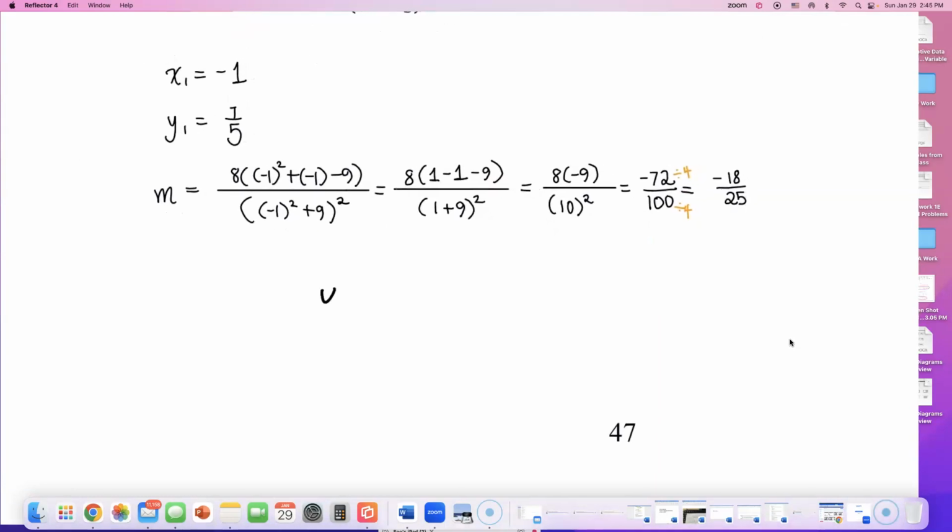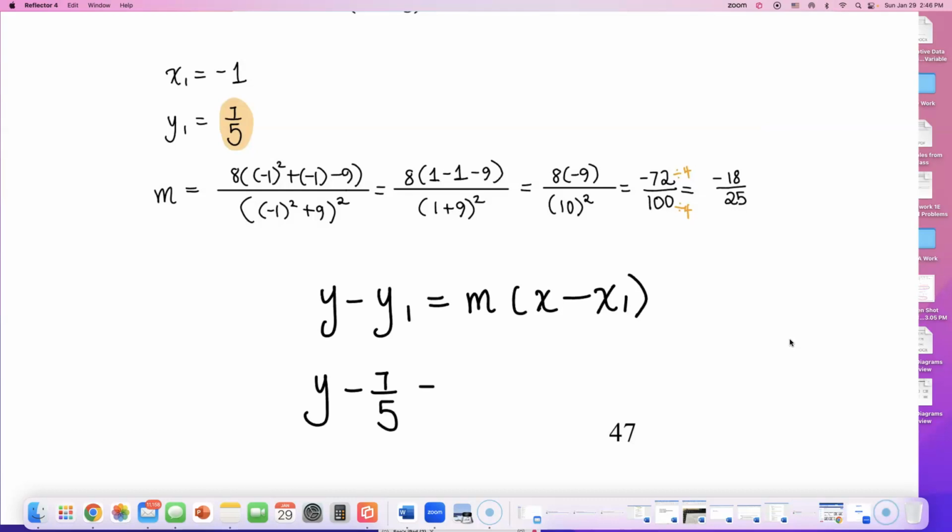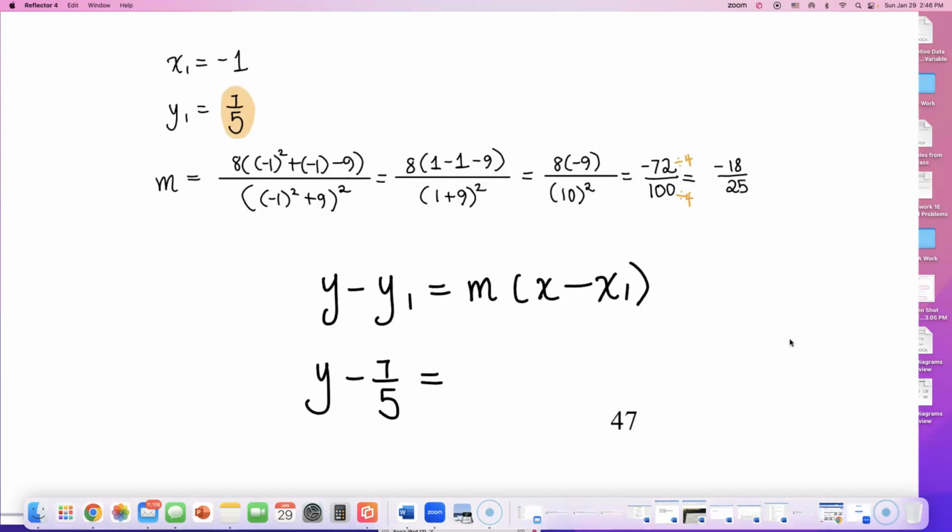So point slope form says y minus y1 equals m times x minus x1. Left side of the equal sign will be y minus 7/5. On the right side of the equal sign, we need to put the slope first, and the slope is -18/25, parenthesis x minus, what's the x1 value? -1.